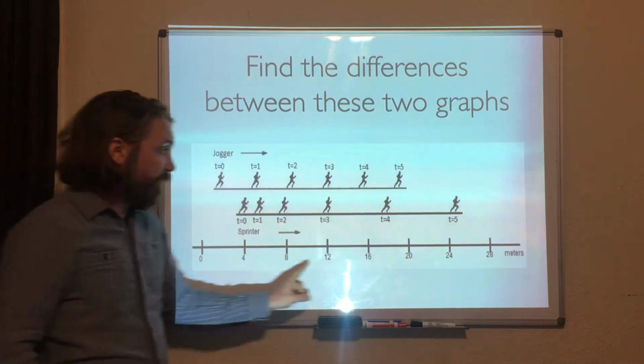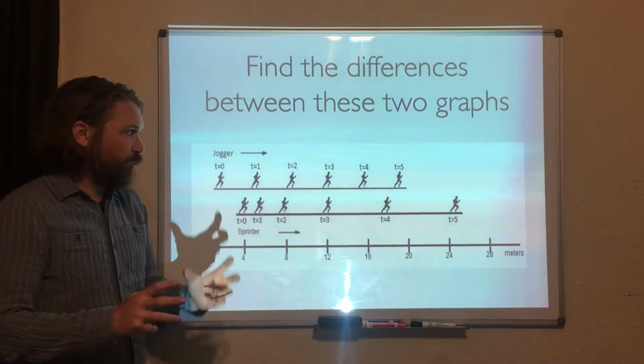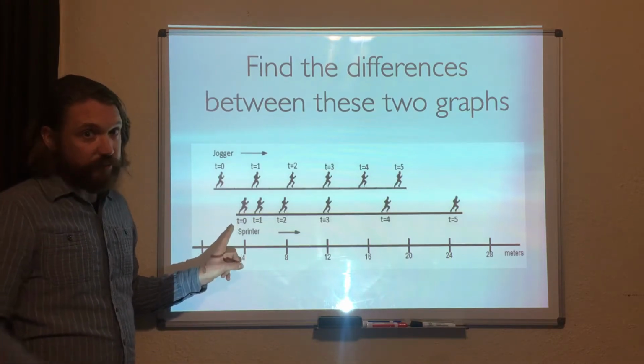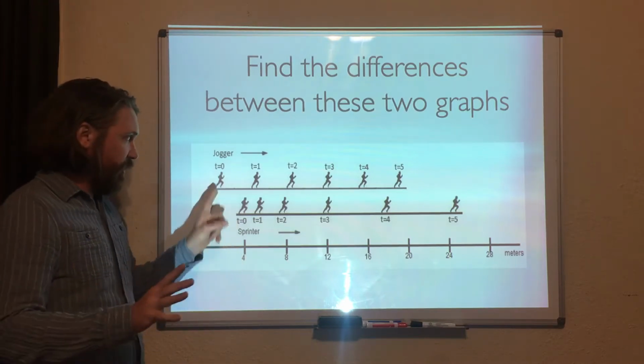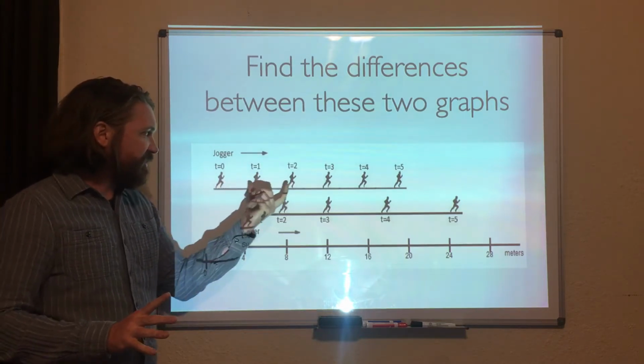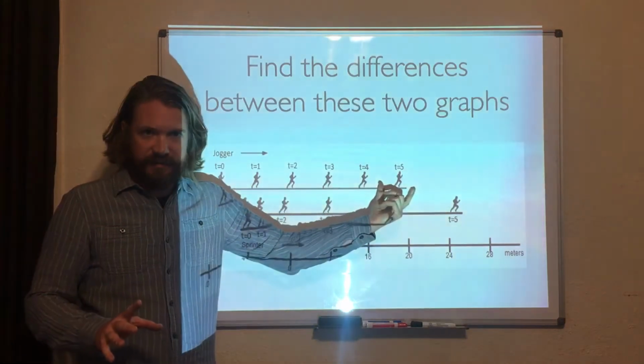And down at the bottom, we have the distance that they're running. Now, if you look at this, what you'll notice, outside of the fact that the sprinter had a head start, which is cheating as far as I'm concerned, but look at the distance that they cover. Between each second, this jogger goes the exact same distance.